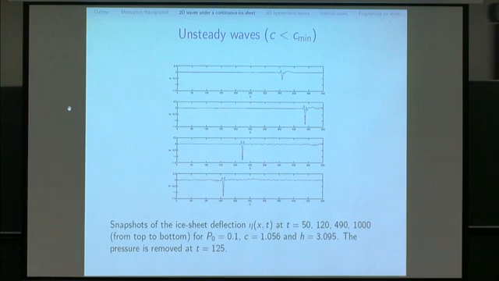Now, with the other algorithm based on this spectral method, we try to see if we can obtain those waves and what happens with them. Are they stable in this sense? We're still in the case C less than C-min. So we put a pressure and then we remove it. In the first two graphs, you see the pressure moving to the right, and then we remove it.